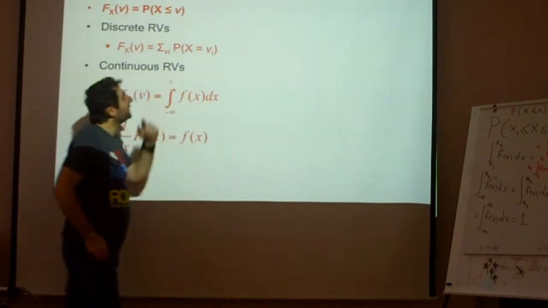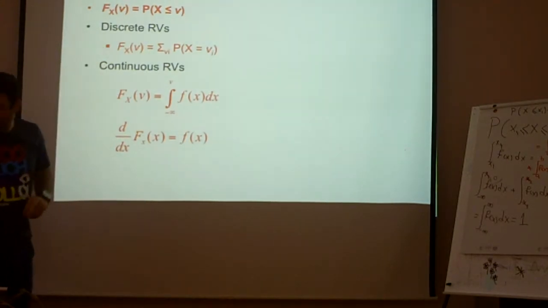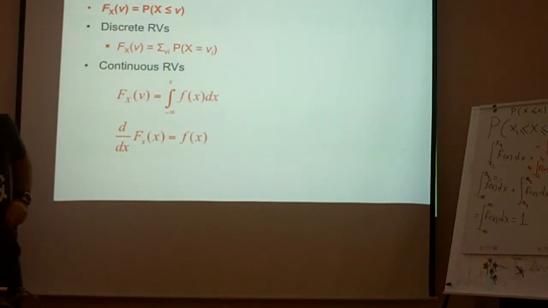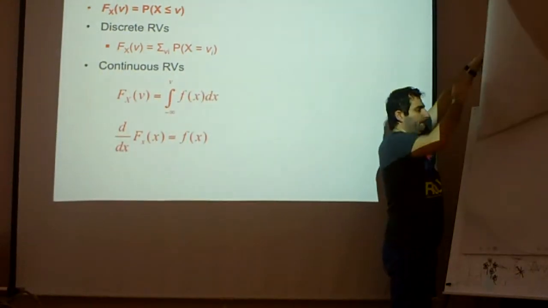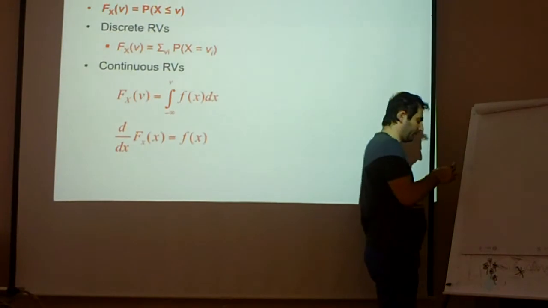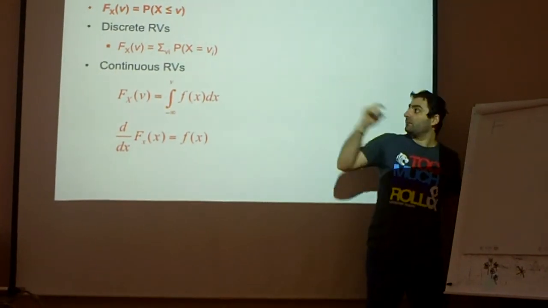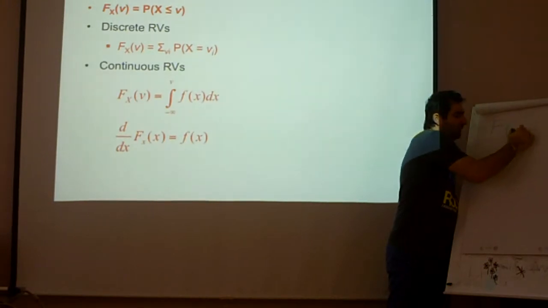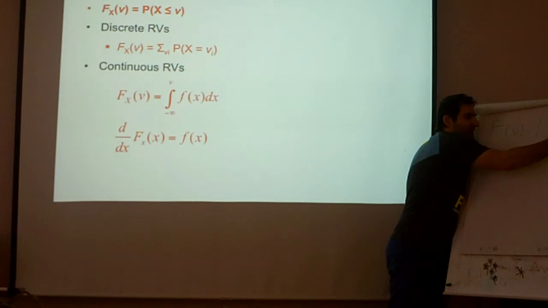So the cumulative distribution function, as the definition says, is this: the definition of F of b is the probability of x less than or equal to b.